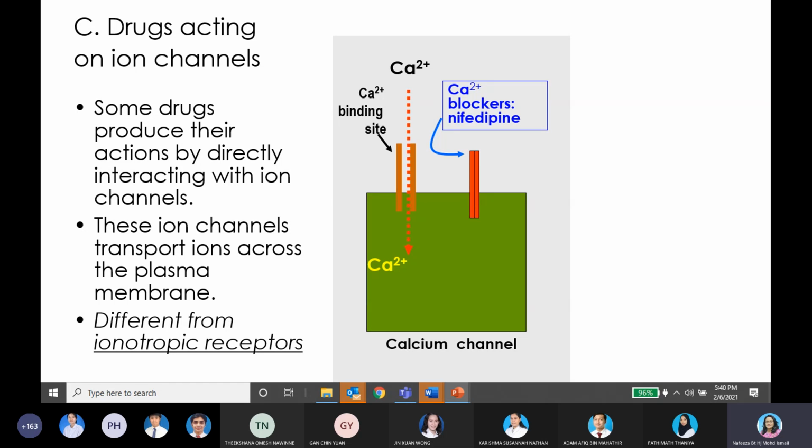I'm sure in whatever specialty you're in, whether it's OBG or internal medicine, infectious disease, whatever you do, you'll be using calcium channel blockers. And the mechanism of action is really simple. It just goes and sits on the binding site at the calcium channel and blocks the entry of calcium into the L-type calcium channel. All right?